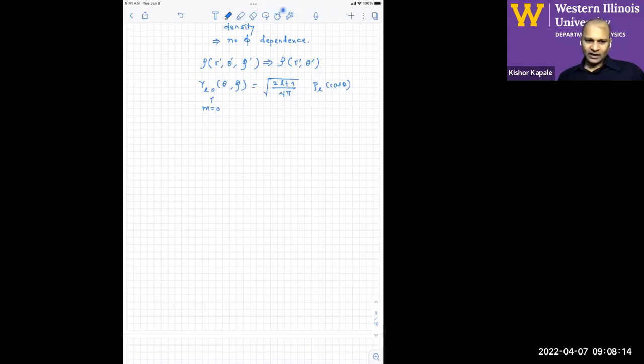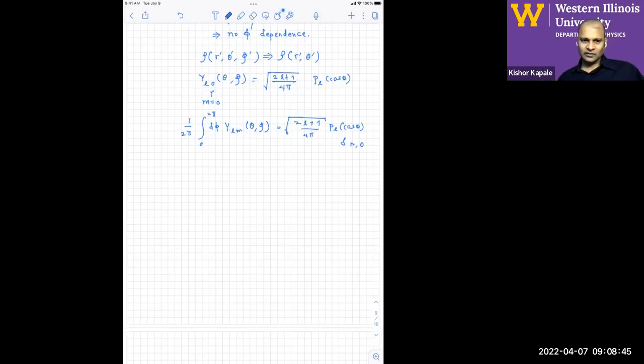And then you can look at the normalization slightly differently. The integral d phi of Y_LM of theta, phi is going to be the square root of 2L plus 1 over 4 pi, times delta M0. That's where it comes from, really.